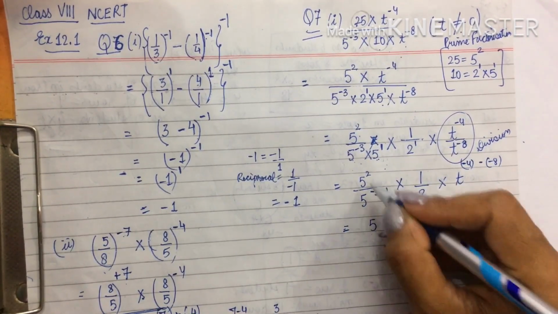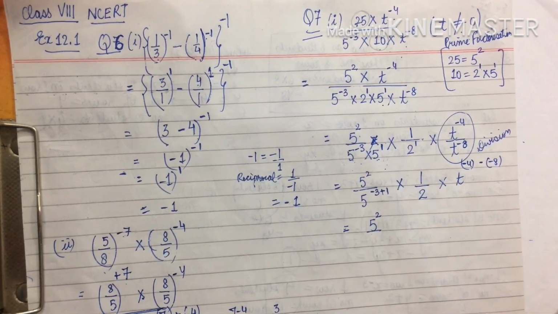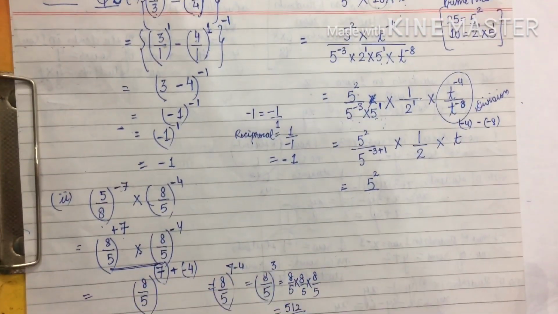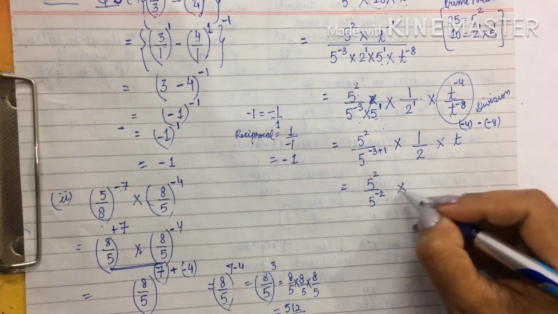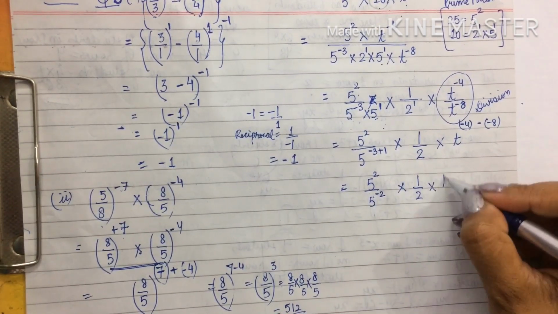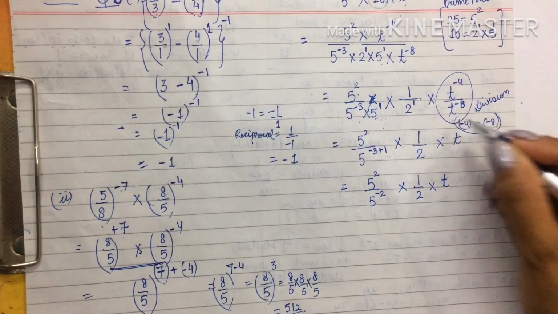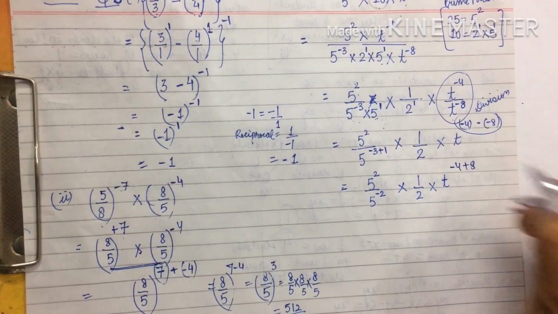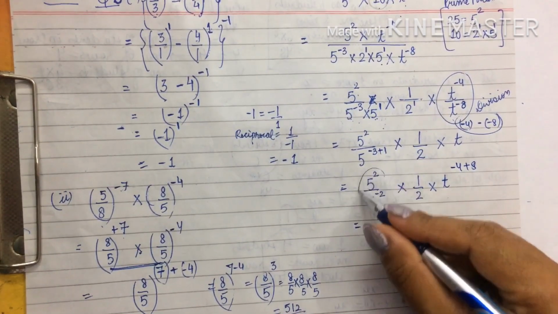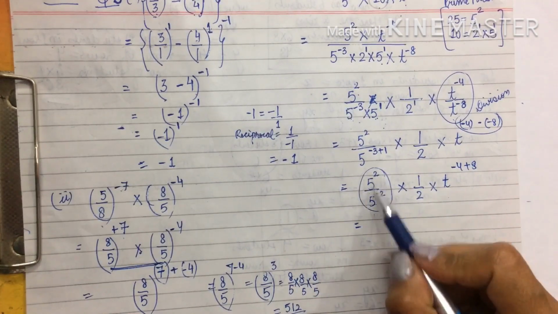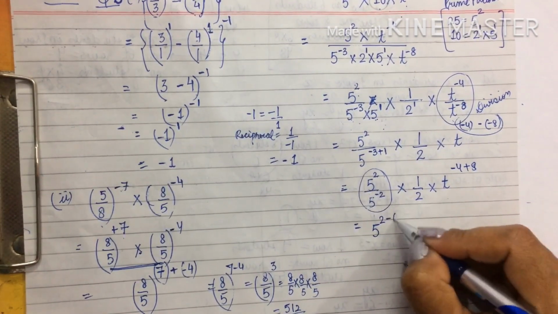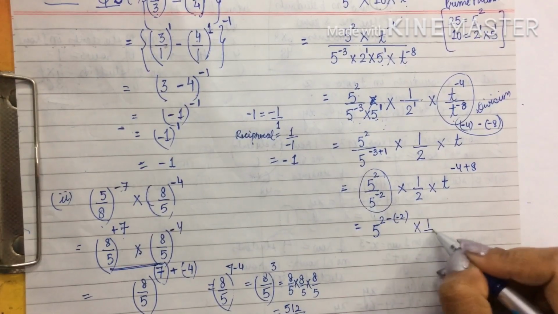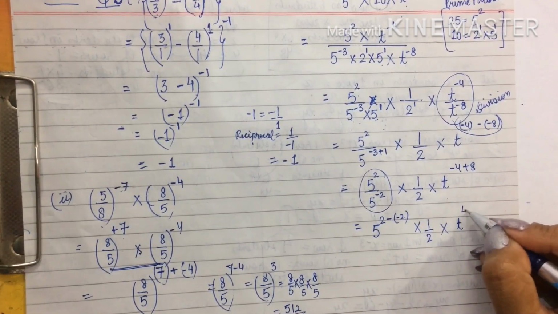Simplifying further, over here the numerator stays 5 square. In the denominator, I get 5 raised to the power minus 2 into 1 by 2 into t raised to the power. Simplifying this, minus 4 plus 8. Now apply the law of division of exponents here. This is division, the base is 5, the powers will be subtracted, into 1 by 2 into t raised to the power 4.